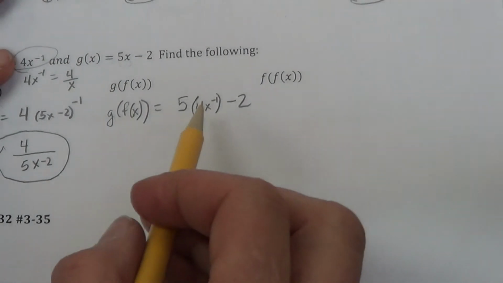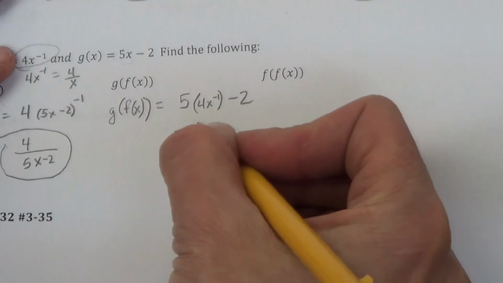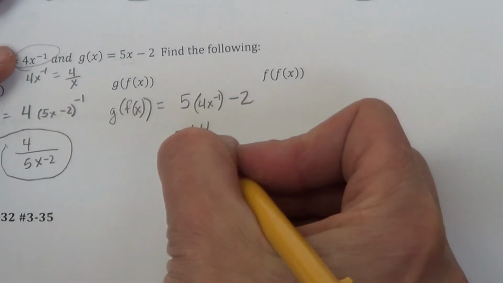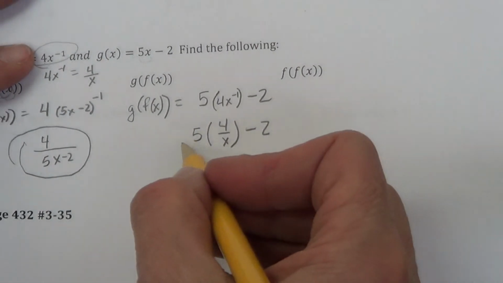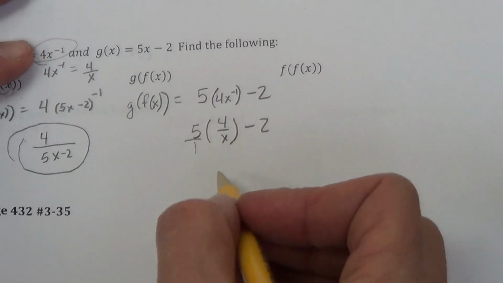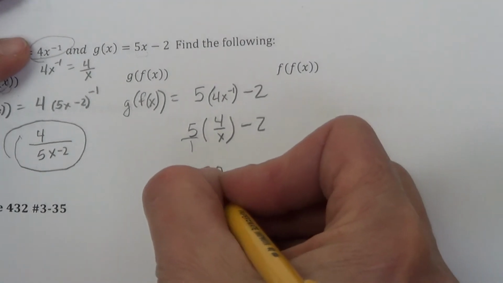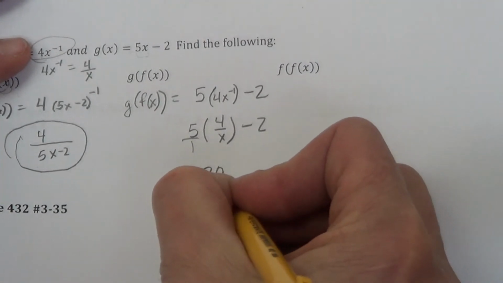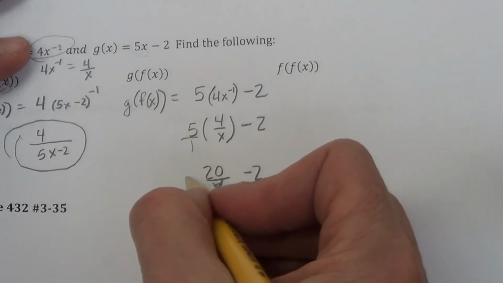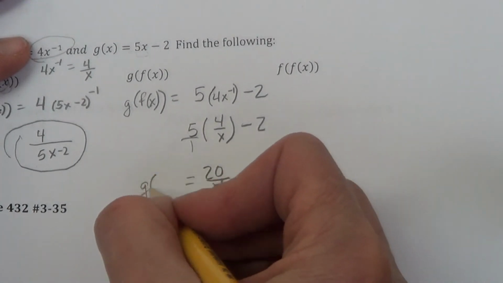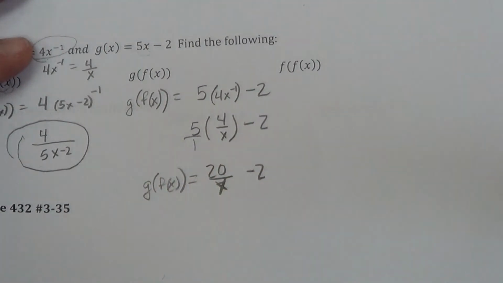Well, now we need to simplify this a little bit. 5 times 4 over x to get rid of that negative exponent. And that would be 5 over 1, by the way. So 5 times 4 would be 20 over x minus 2. And that's what our g of f of x would be equal to. Okay?